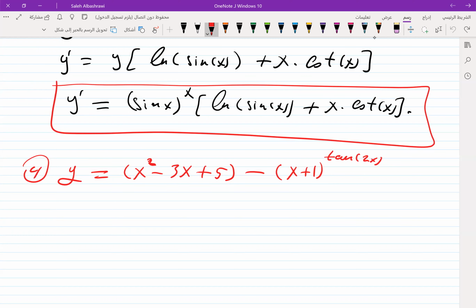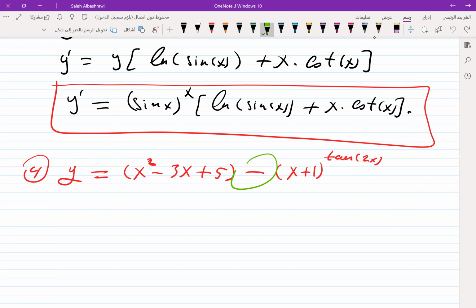For this example, since I have a negative sign between the two terms, I cannot take ln directly. I will not be able to take ln of the left-hand side and right-hand side, then differentiate.